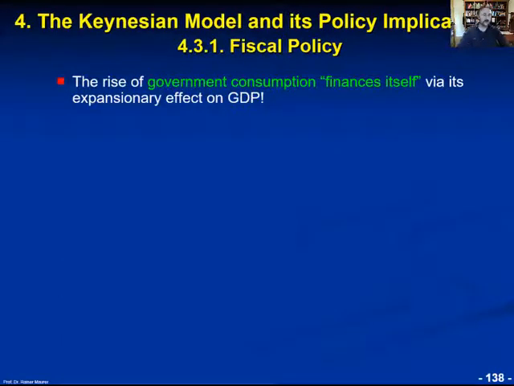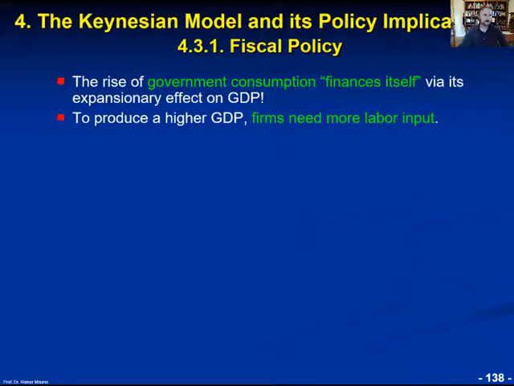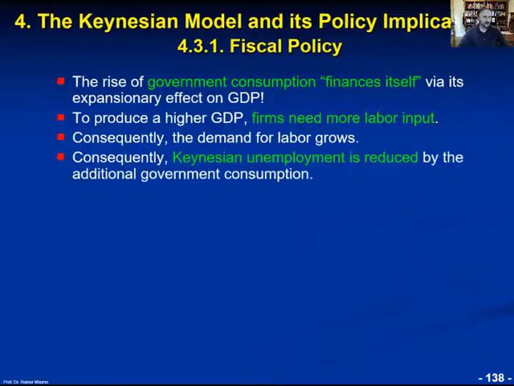The rise of government consumption, in a certain sense, finances itself via its expansionary effect on GDP. To produce a higher GDP, firms need more labor input. Consequently, the demand for labor grows, and Keynesian unemployment is reduced by the additional government consumption.